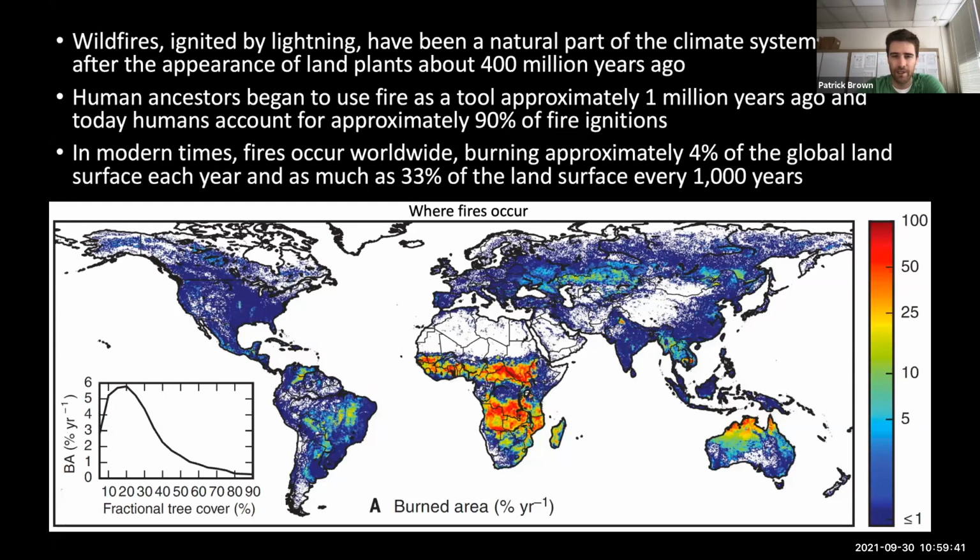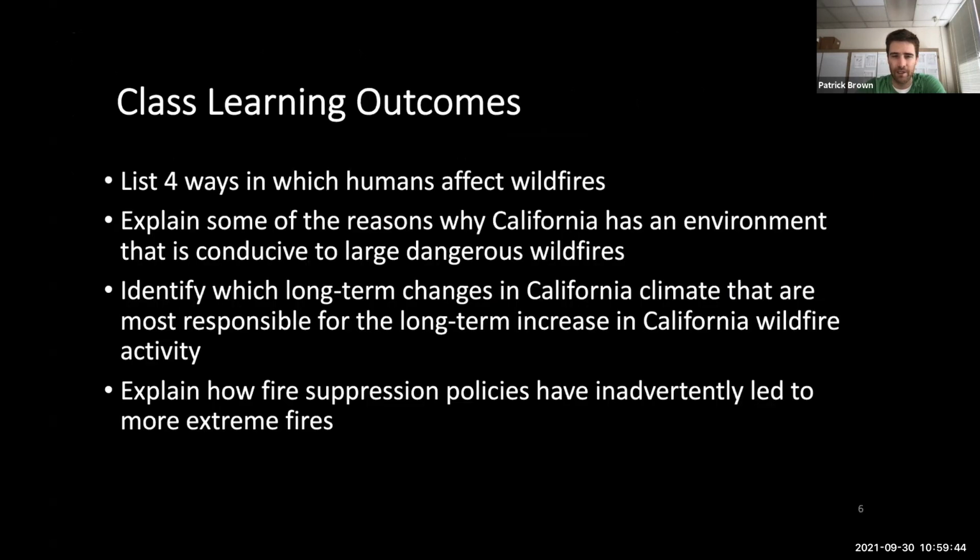So the specific things I want to emphasize today are these 4 points. These are our learning outcomes today. I want you to be able to list 4 ways in which humans affect wildfires. I want you to explain some of the reasons why California in particular has an environment that's conducive to large and dangerous wildfires, and how that's different from other areas around the world.